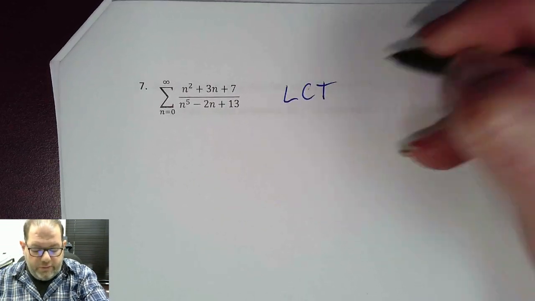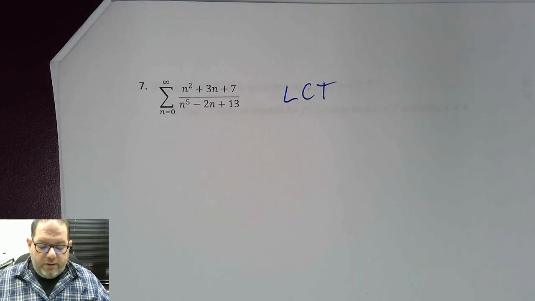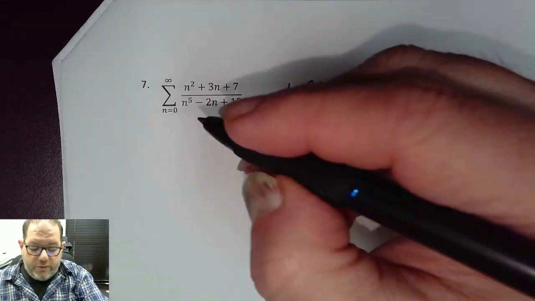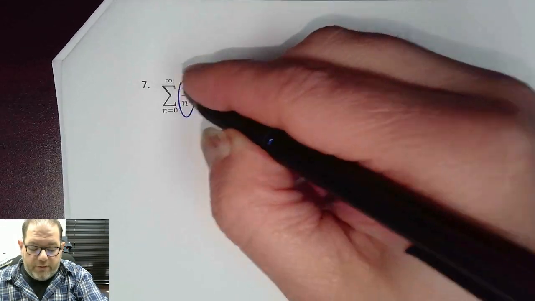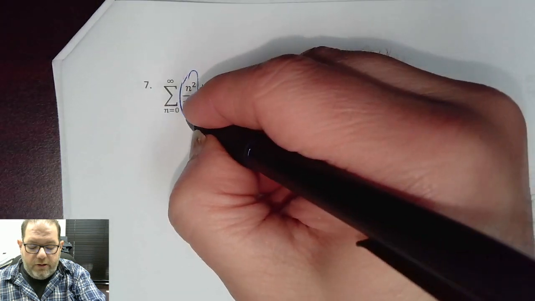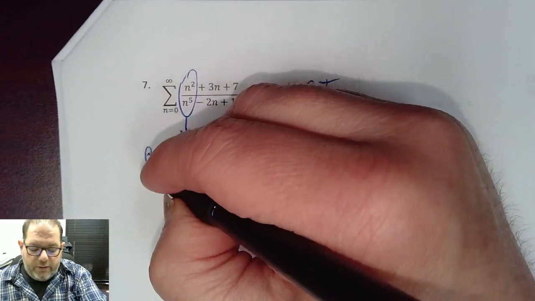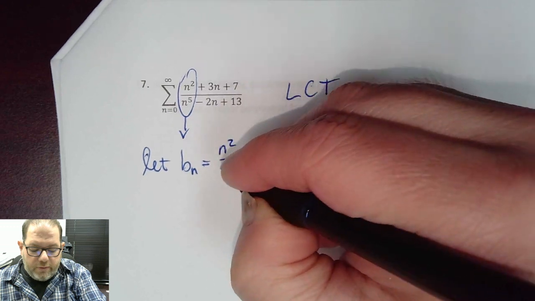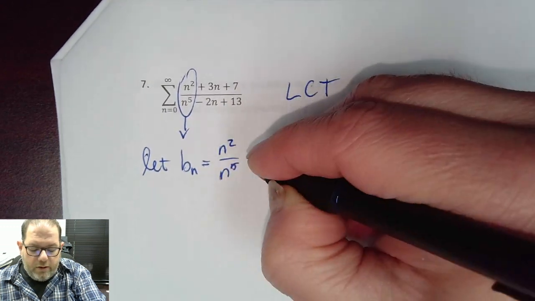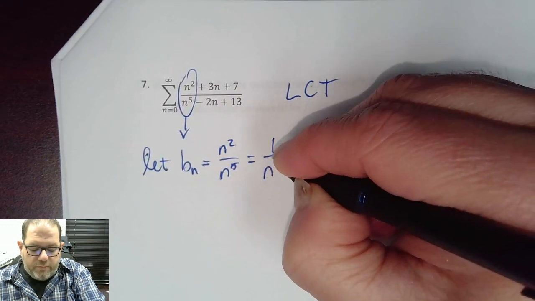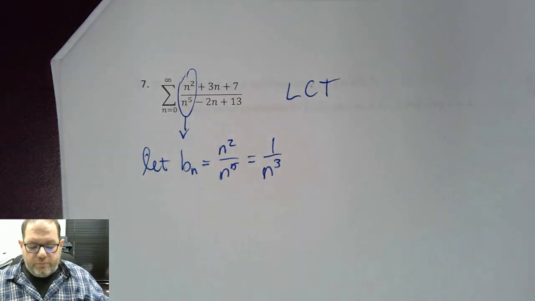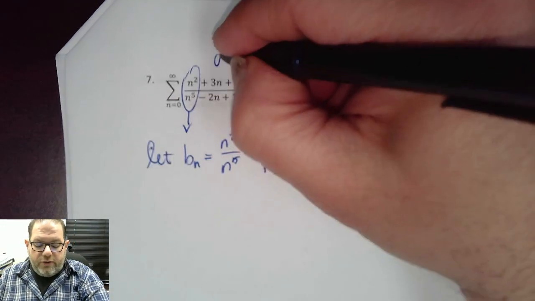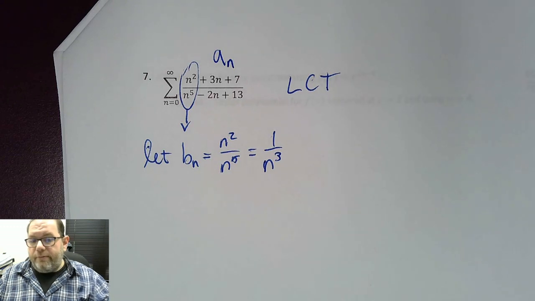So we're using LCT for this one. And as far as what we're going to compare this to, that's going to be based on these leading terms. So we're going to let b sub n equal n squared over n to the 5th, which reduces to 1 over n cubed.